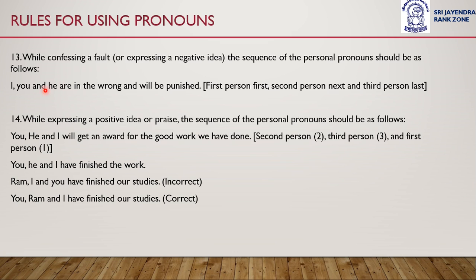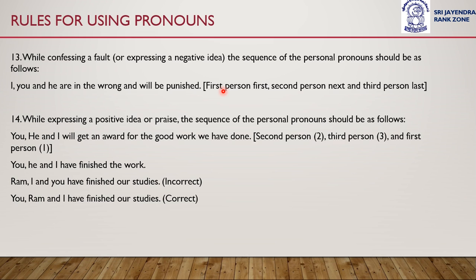Why? Because we are confessing a fault or expressing a negative idea. Alright, so whenever we are expressing a negative idea or confessing a fault, the personal pronouns would be in the sequence of first person first, then followed by second person, and then the third person at last. I hope you have understood this rule.